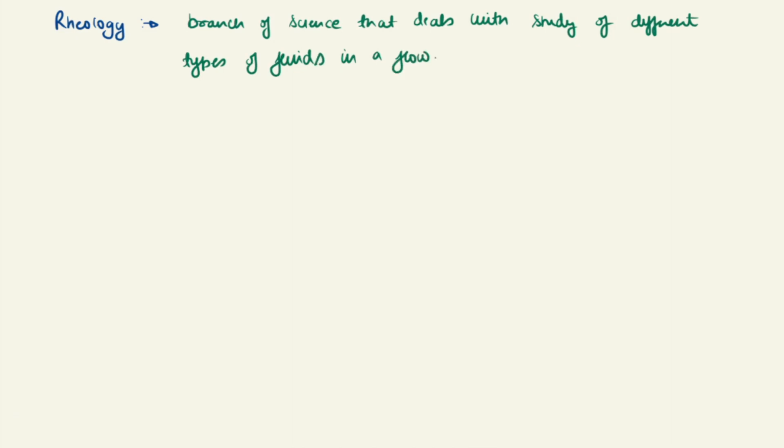Well, okay. Now we are going to see the categories of our fluids. So here I'm writing fluids, and now we are going to see its categories. The first one is Newtonian fluids.